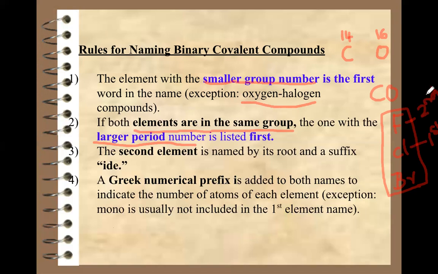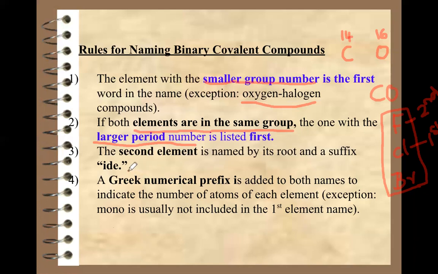So don't get confused. One more time. If two nonmetals are in different groups, the smaller group number comes first. But what if both nonmetals are in the same group? That time the element with larger period number comes first.